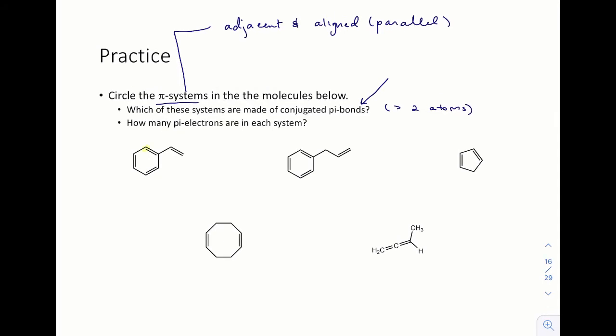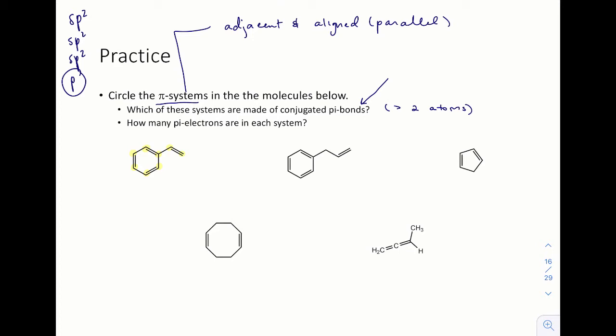Molecules. We're looking for atoms that are adjacent to one another that have p orbitals that will be aligned. So you can look for sp2 carbons if you like. sp2 hybridized atoms might be making pi bonds with their leftover p orbitals. They might be doing other stuff too, which we'll talk about in just a minute.